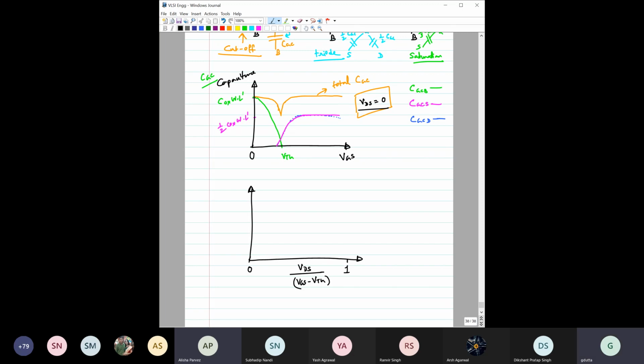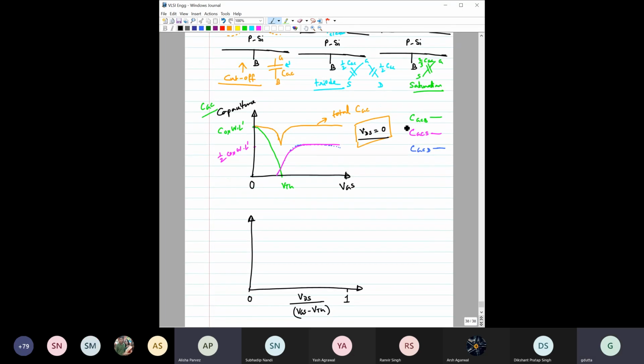When will the transistor reach the saturation region? At 1, right? So when you cross here, this region is the saturation region, and beforehand, from here, this region is the triode region.